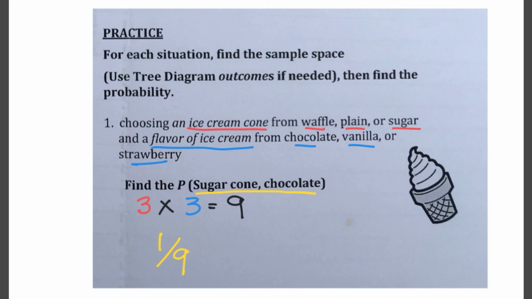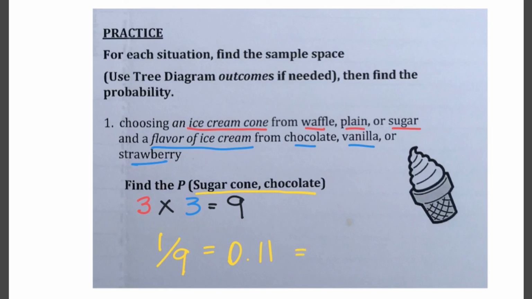Now, what is that probability? Well, it's 1 out of 9. We can also, remember, express that as a decimal and a percentage. So if you take 1 divided by 9, did you get that repeating 1?